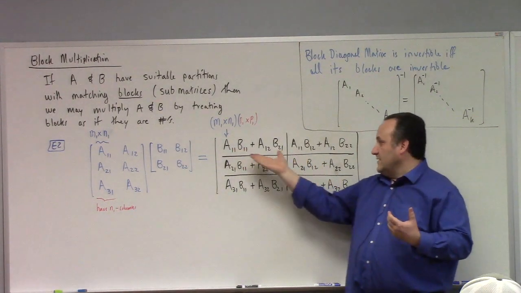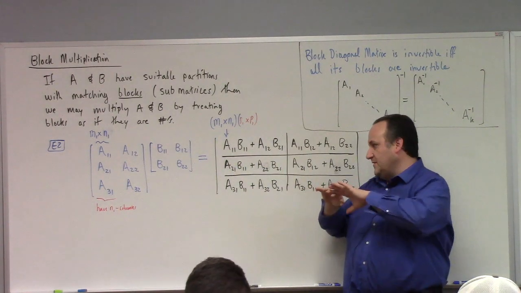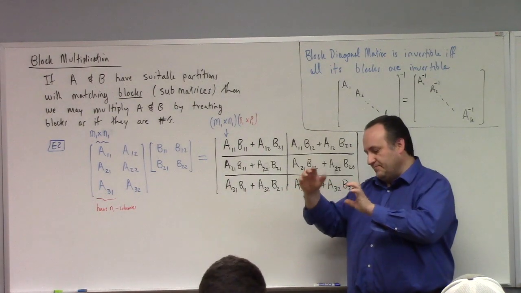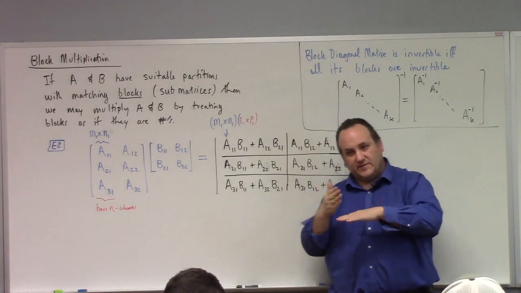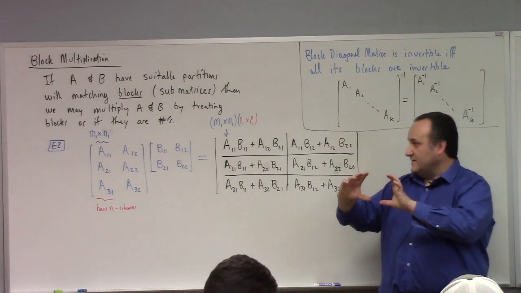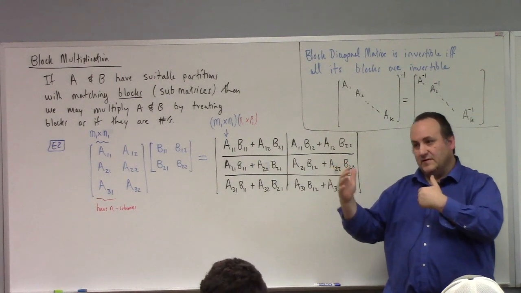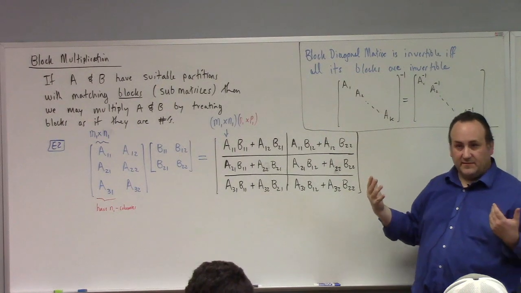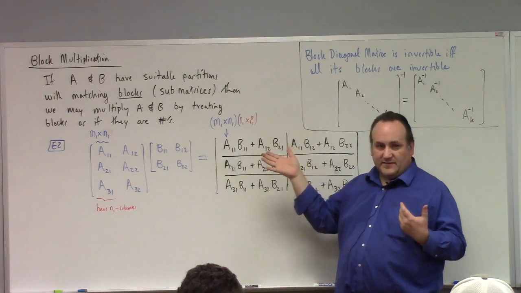You just look at the involvement of data between the blocks, and if you can find this kind of structure, it divides the data calculation into sub pieces, and each piece only depends on the size of that piece. And since typical calculations involve the square of the size of the matrix, it's a much smaller calculation. If you're talking about a 1,000 by 1,000 matrix, which you might be in an application, 1,000 squared is 1,000,000.